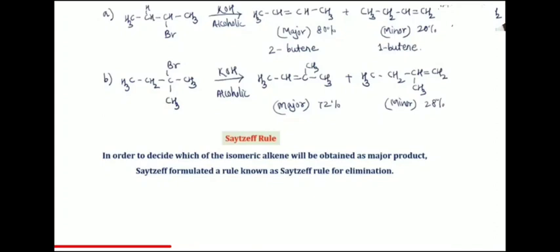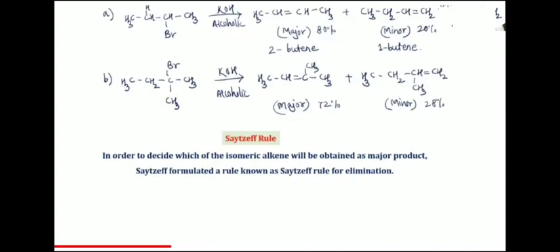Next, 2-bromopentane. Likewise, 2-bromopentane on alcoholic KOH treatment gives 71% of 2-pentene and 29% of 1-pentene.